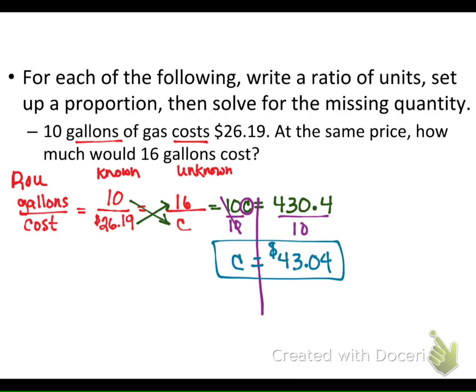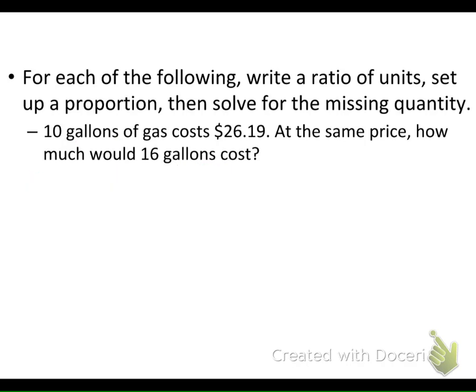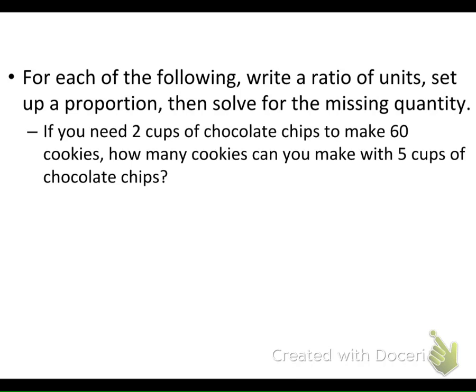Let's take a look at the backside now. So the backside is the same thing. Ooh, this is gonna make us hungry. If you need 2 cups of chocolate chips to make 60 cookies, how many cookies can you make with 5 cups of chocolate chips? So, according to our notes, what is the first thing I need to write out?